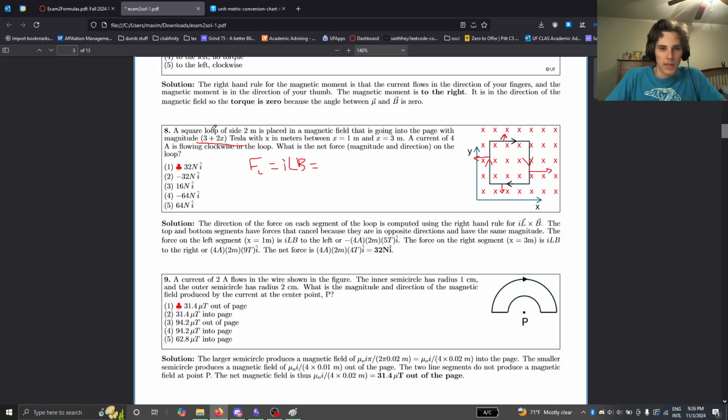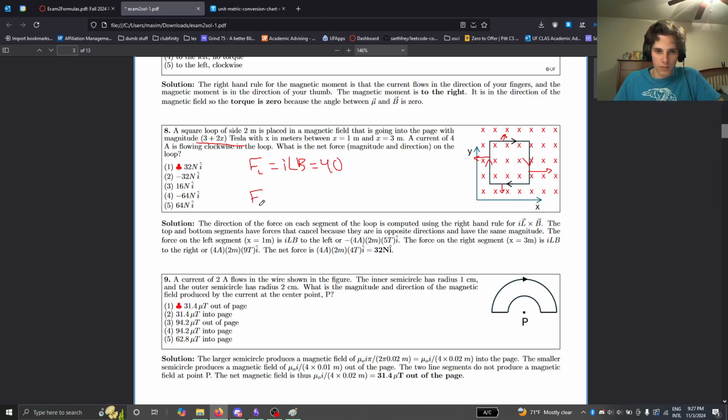B is actually 3 plus 2x, x is 1. It's going to be 5. So I is 4, L is 2, and B is 5, you get 40 here.